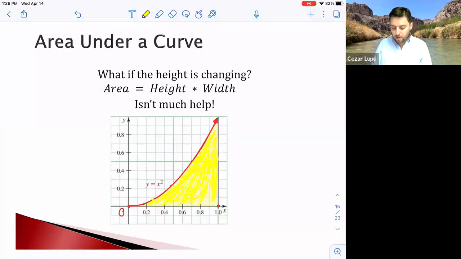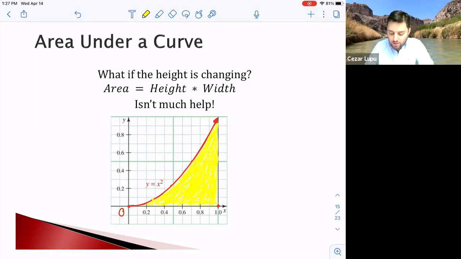So for you, how can we do this? Maybe I'll try to approximate this by, I don't know, maybe it is like height times width. But, you know, that doesn't help much, unfortunately. Because we can ask one simple question.